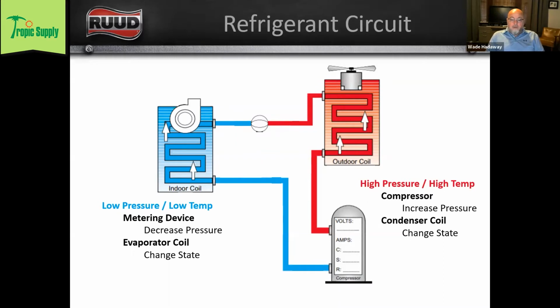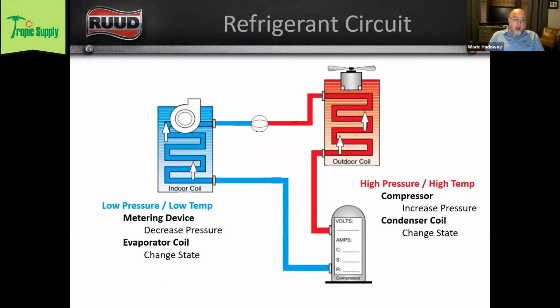And then, as we're leaving the compressor as a high pressure, high temperature vapor refrigerant, we go into our outdoor coil or our condenser, and we change the state of that refrigerant. In a split system, we pump it indoors to our expansion valve or our metering device, where we have another pressure and temperature change.